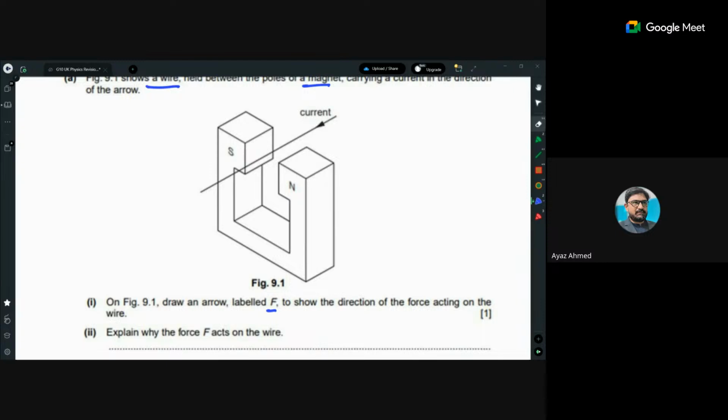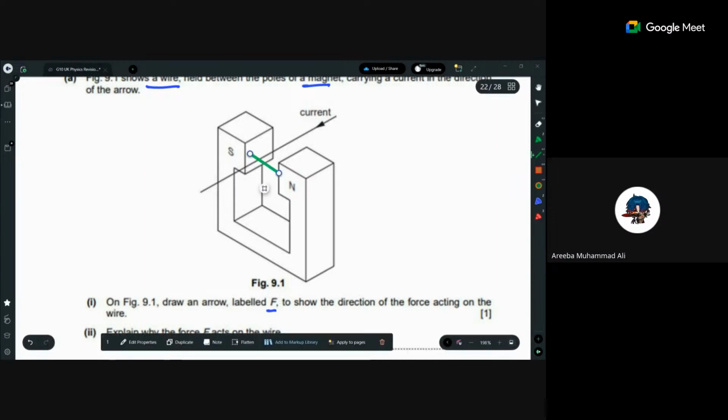Yes, I'm doing Fleming's left hand rule. Yes, do it. Well, we need to go. The force is downwards.